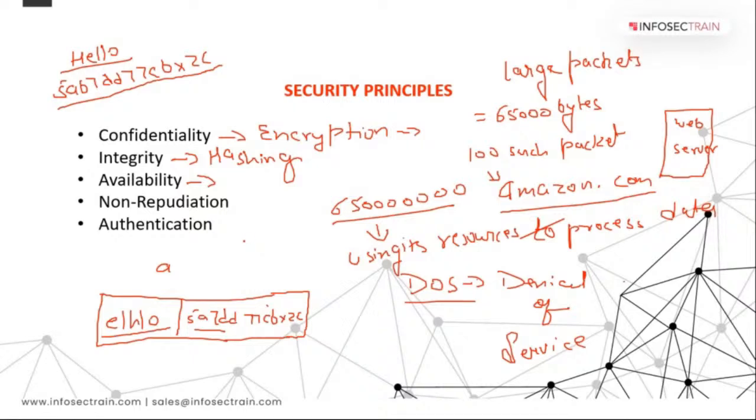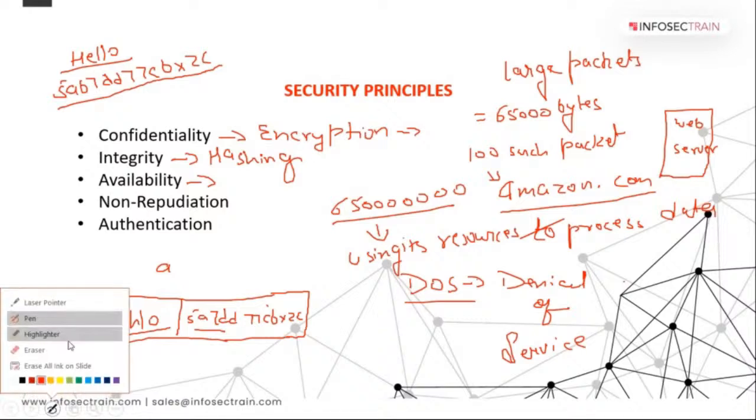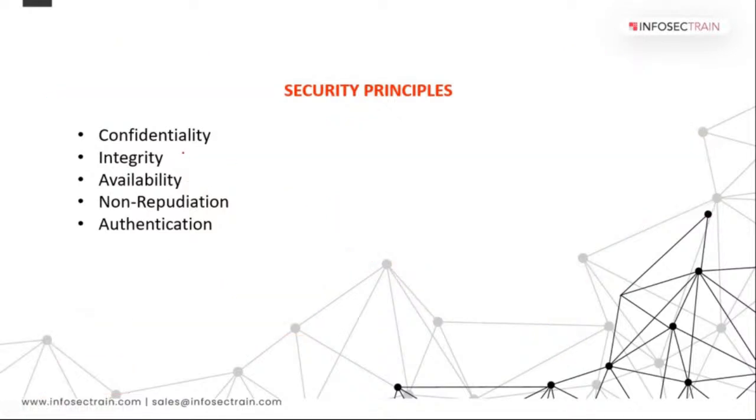Mr. Sheetal, coming back to your question again. What we have for confidentiality is encryption, right? Let me write that again. And for integrity, hash. Now, what happens, guys?